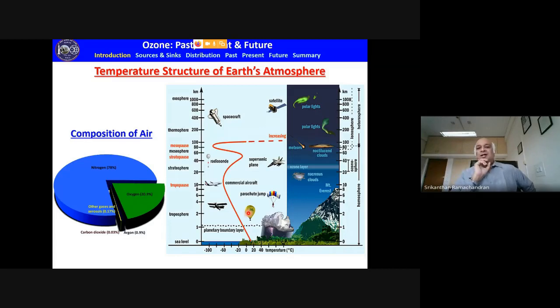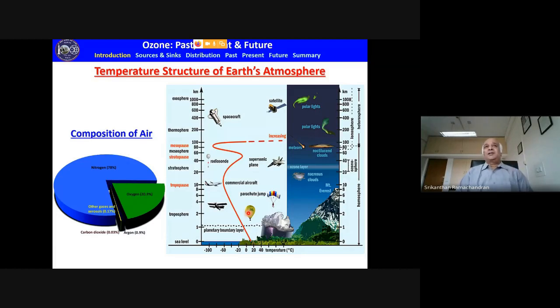As you would have now known, the Earth's atmosphere is a nitrogen-oxygen dominated atmosphere, with nitrogen and oxygen contributing 99% of the composition of air, or the volume of air that we are breathing.